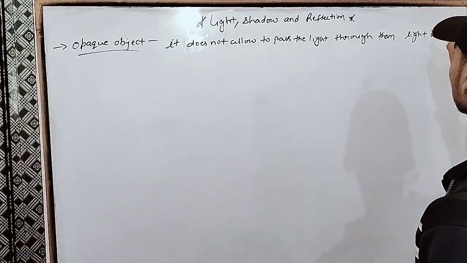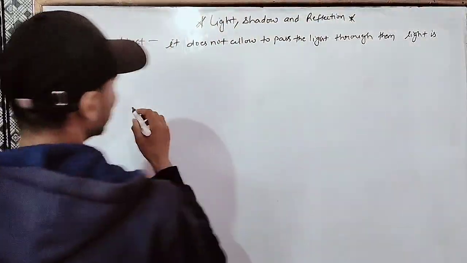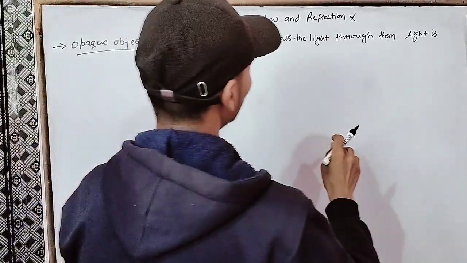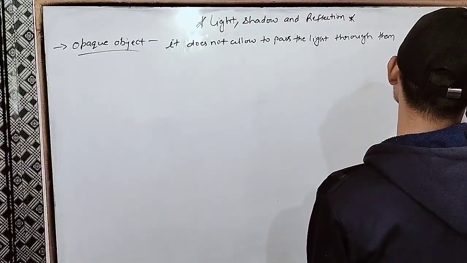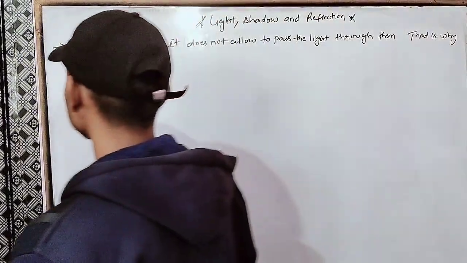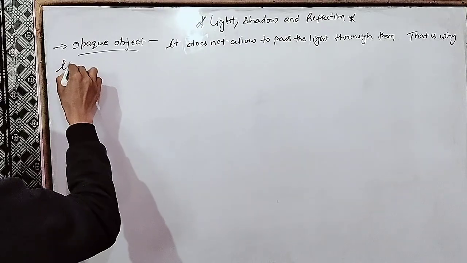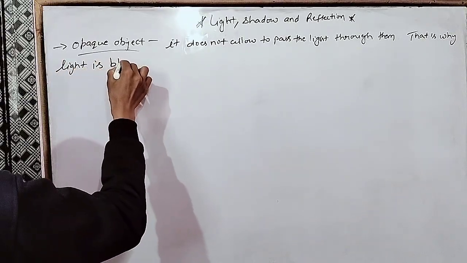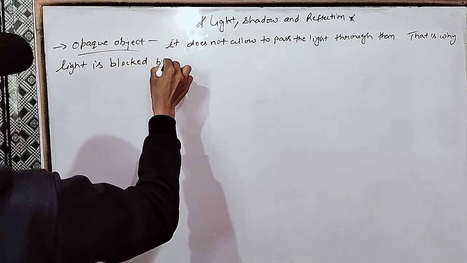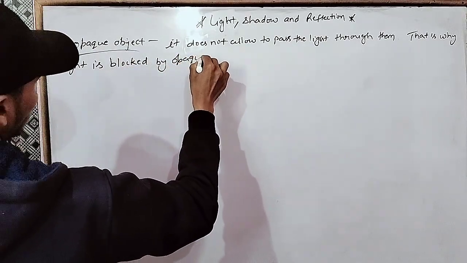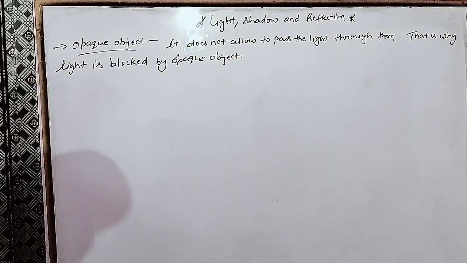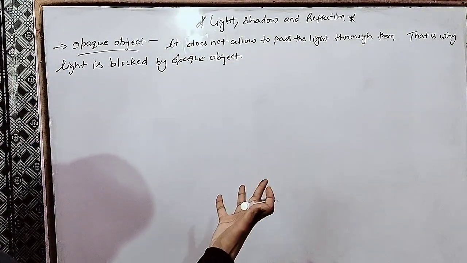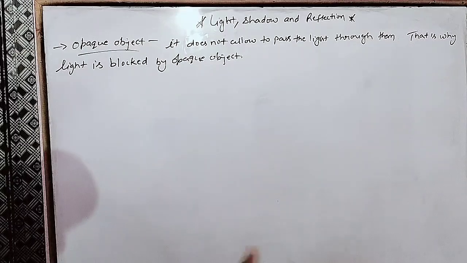Light is blocked by the opaque object. These are a specialty, you can say. These are the characteristics of an opaque object.